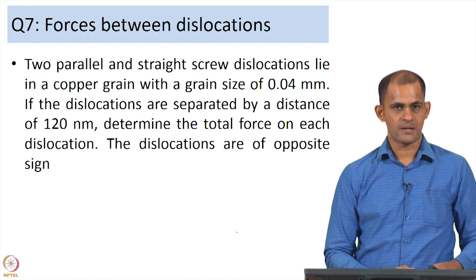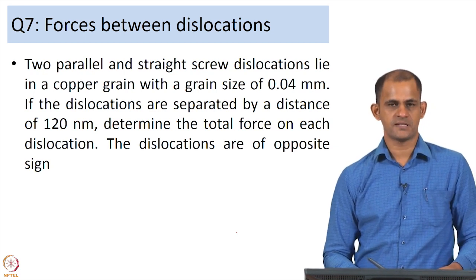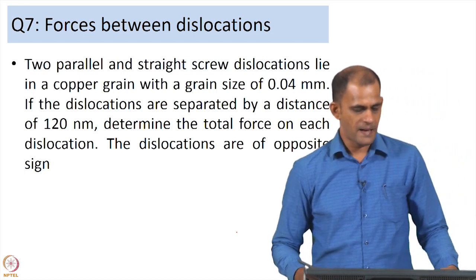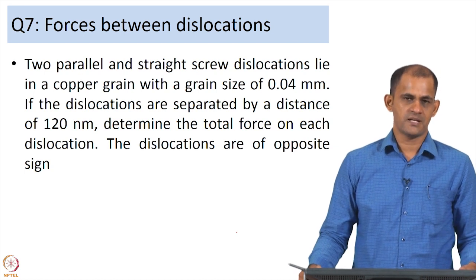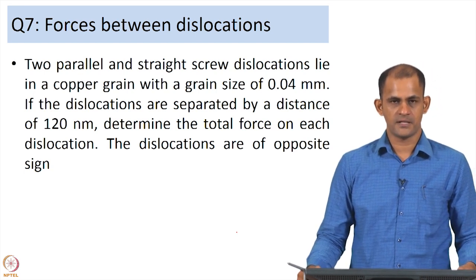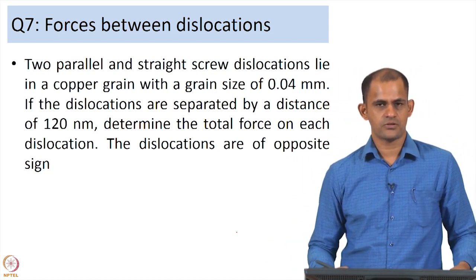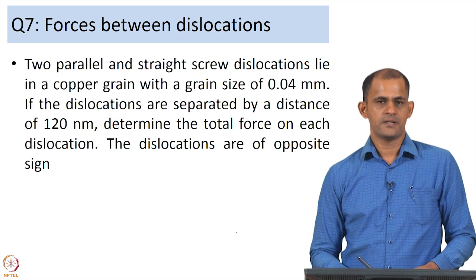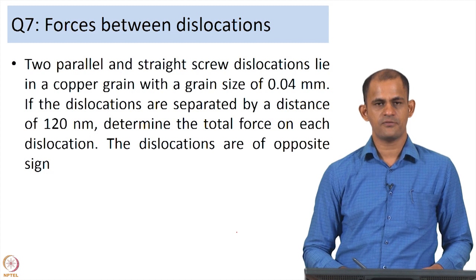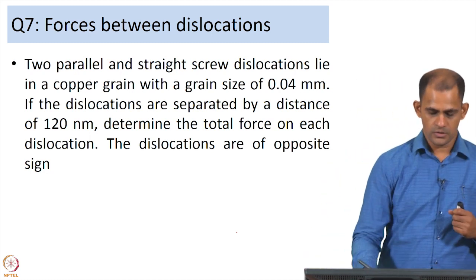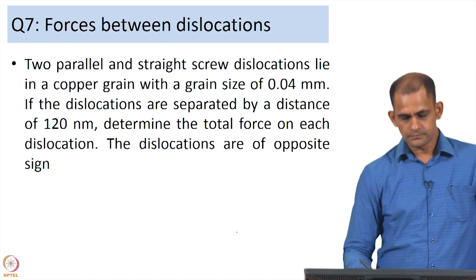You have two parallel and straight screw dislocations present inside a copper grain with a grain size of 0.04 millimeter, and the dislocations are separated by a distance of 120 nanometer. Determine the total force on each dislocation if the dislocations are of opposite sign.